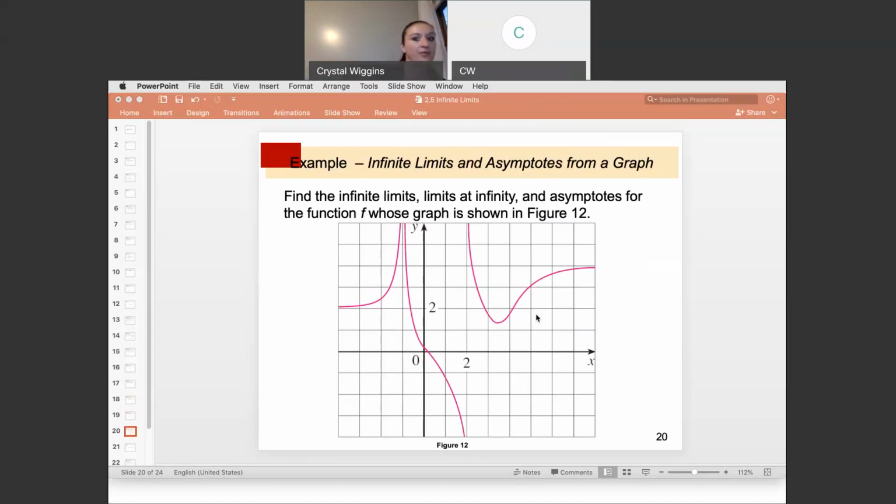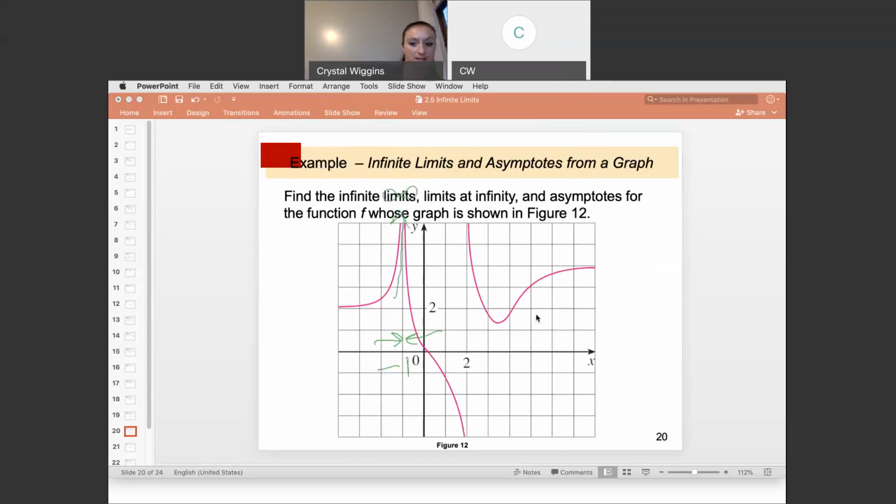So I'm looking for, let's first do, where we're approaching x values and the limit is going to infinity. So here, as I approach the value of -1 on the x-axis, my graph's limit is going to positive infinity.